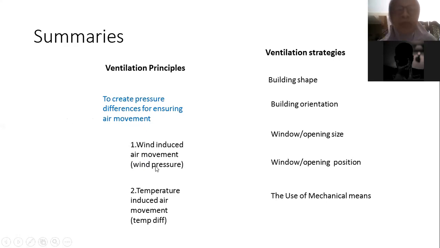We always think about the wind condition in the local climate. The second is temperature-induced air movement, or temperature difference. We always think about how we create the temperature difference, and so on.